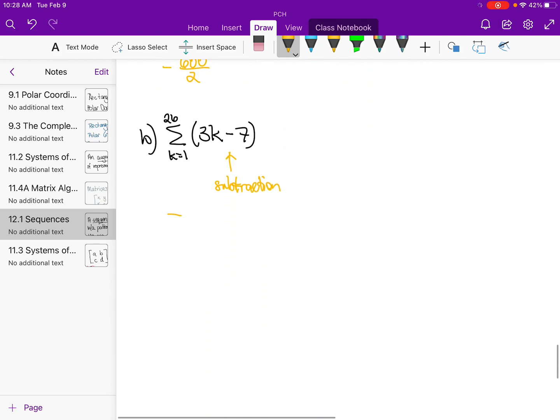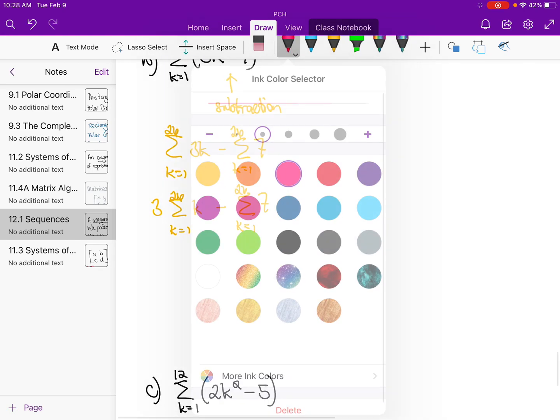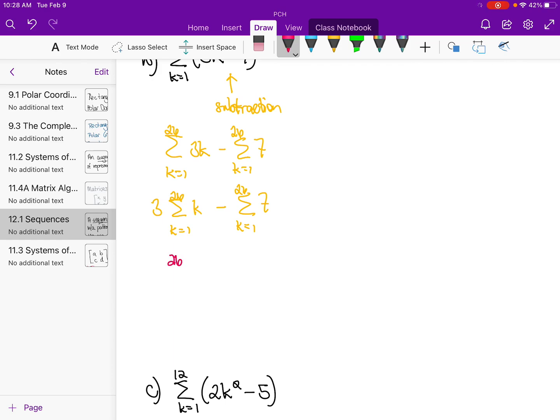So I'm going to go sum, first thing, minus sum, second thing. Now I have the same thing I had in 5a, where I can pull that coefficient out in front. And then I'm going to use that same formula that I used, where I'm plugging in the 26.